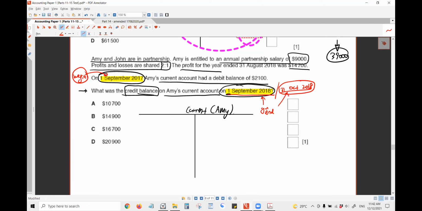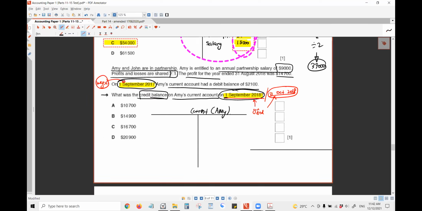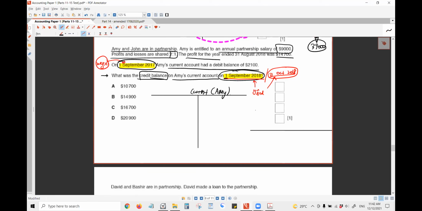Now how to do? Do the appropriation account first. Start with the 14,700, correct? So this is the appropriation account.